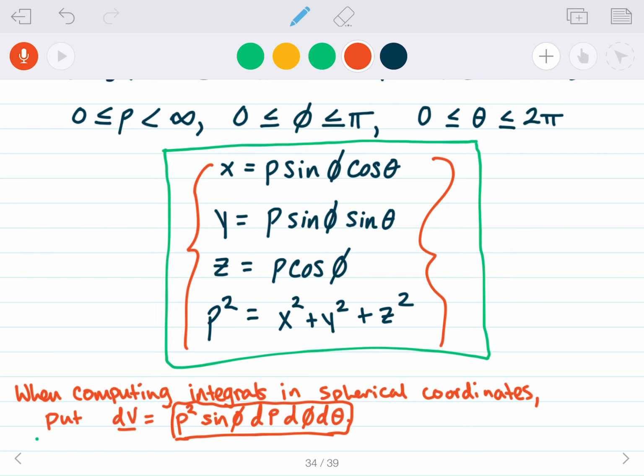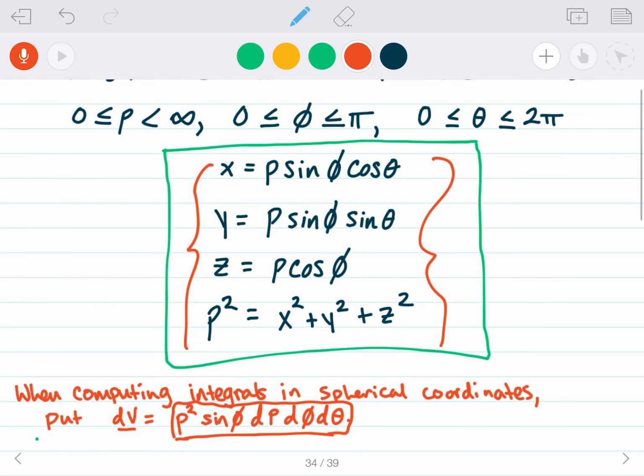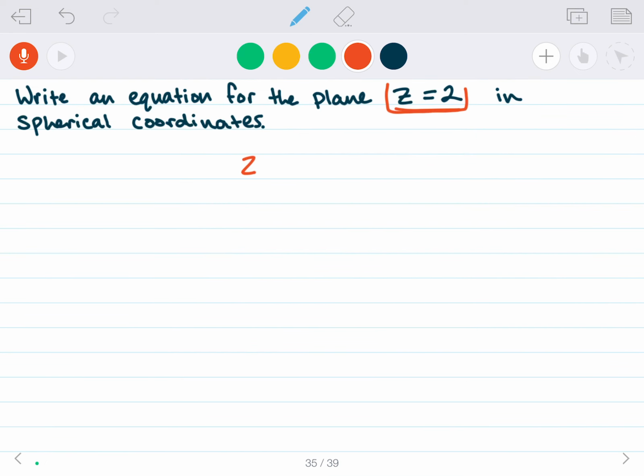So let's go ahead and use these identities to write an equation for the plane z equals 2 in spherical coordinates. Okay, so we want to change z into spherical coordinates, and we have this identity right here that z is equal to rho cosine phi. And so z equals 2, so we have 2 equals rho cosine phi.